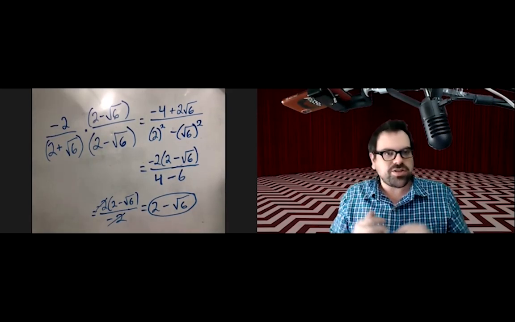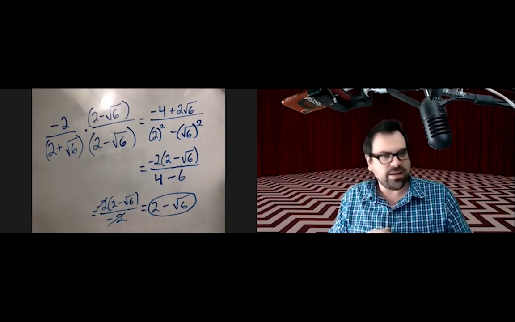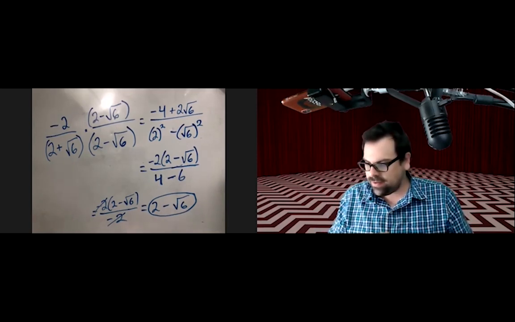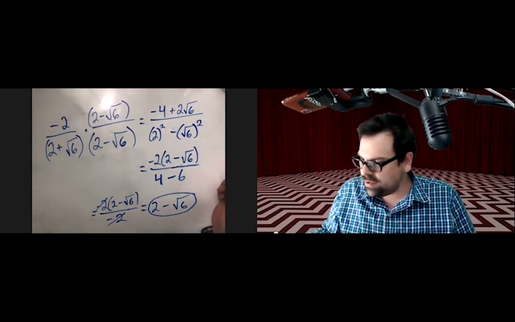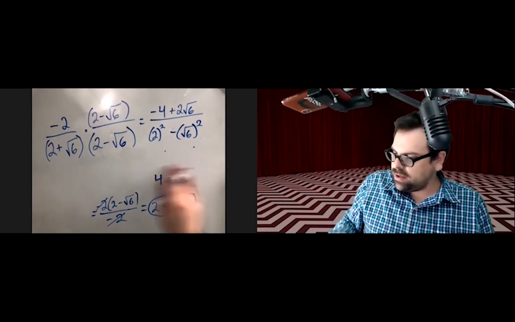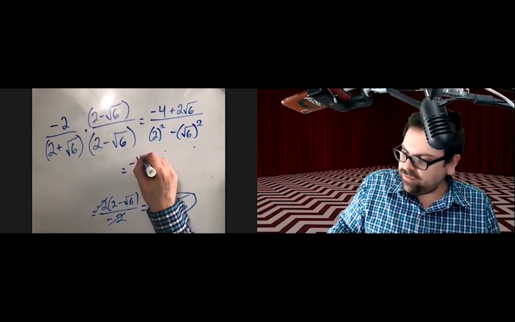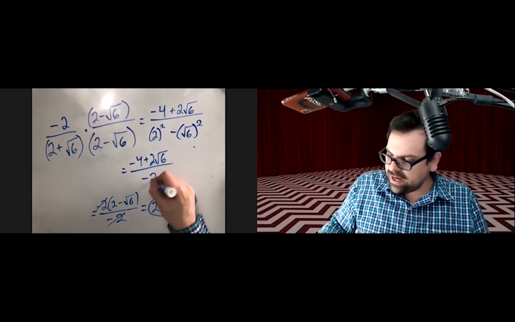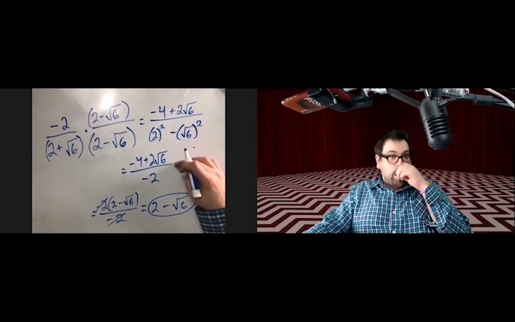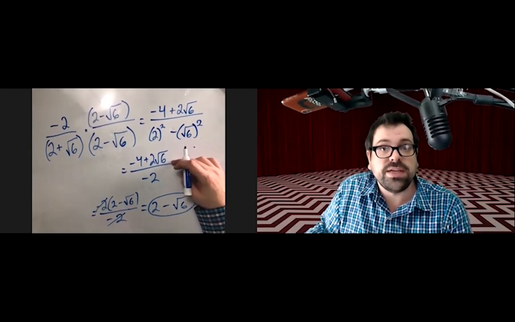Not only did I rationalize the denominator, I was able to get rid of the denominator entirely. So I can see you leaving the answer maybe like this: -4 plus 2 radical 6, and it was over -2. I can see you leaving it like that. That would be like not reducing a fraction all the way.